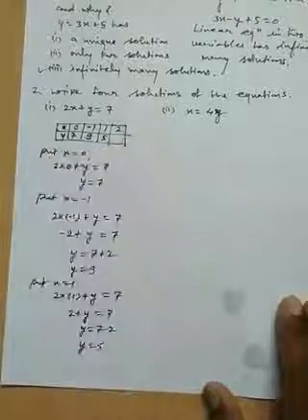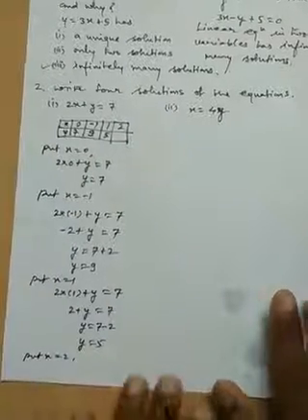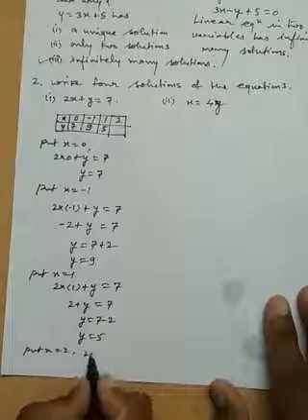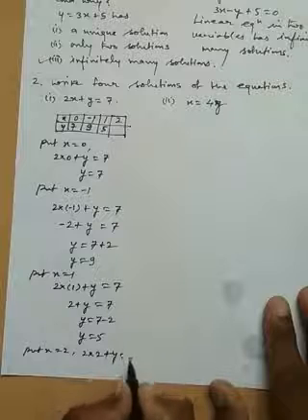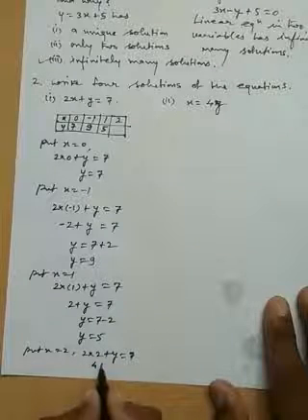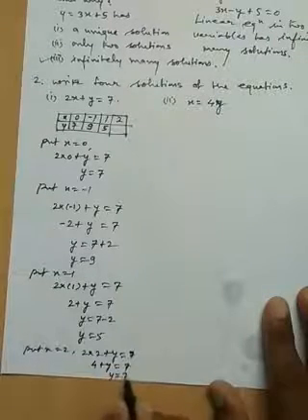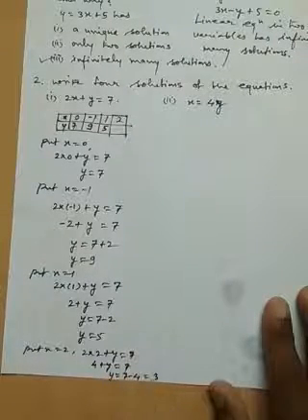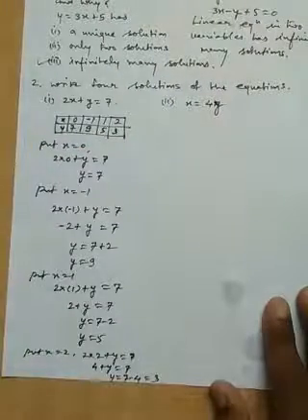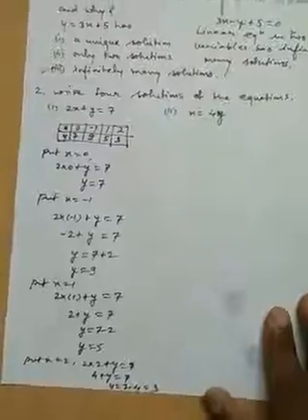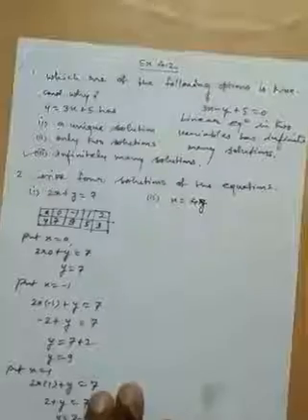Again put x equal to 2. Then 2 into 2 plus y equal to 7. 2 into 2 is 4, plus y equal to 7, and y equal to 7 minus 4, which is 3. These are the four solutions for this equation.